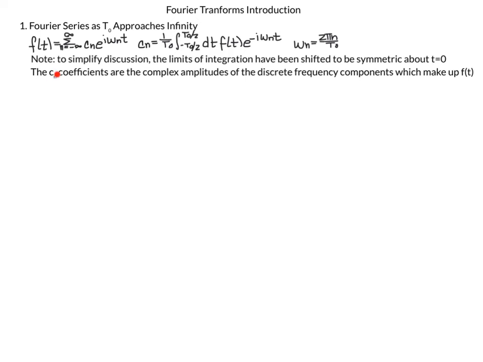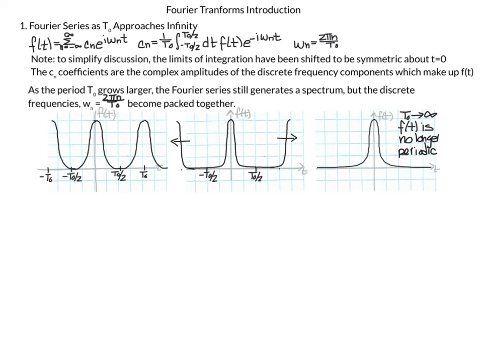Also, we want to note that the Cn coefficients are the complex amplitudes over here of the discrete Fourier components which make up f of t. As our period t0 grows larger to infinity, the Fourier series still generates a spectrum, but the discrete frequency omega n, which is equal to 2 pi n over t0, become packed together.